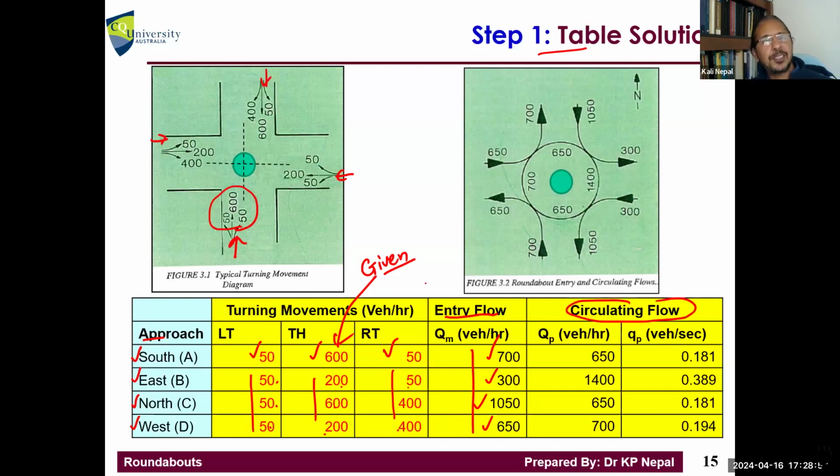So what is the circulating flow? Can I just remove my writing and explain? Please understand this, you need it. How do we calculate circulating flow? If you are coming from the south, who do you need to give way to in the roundabout?